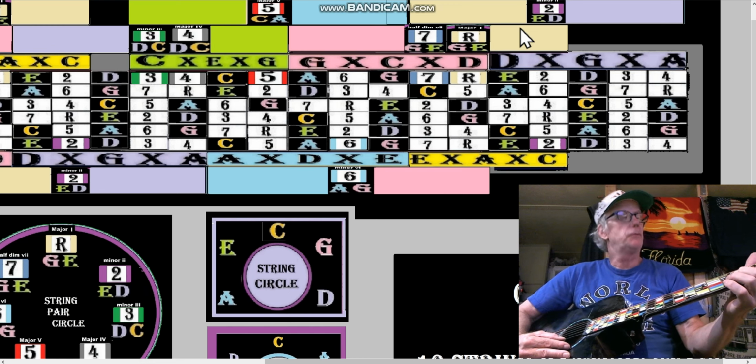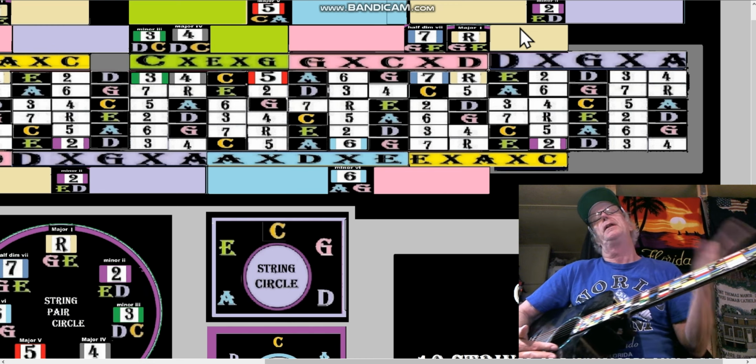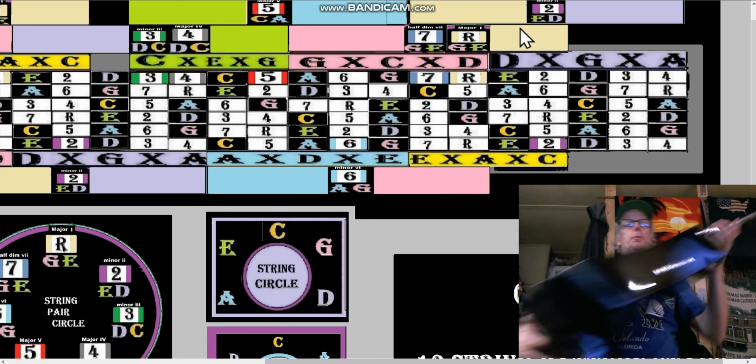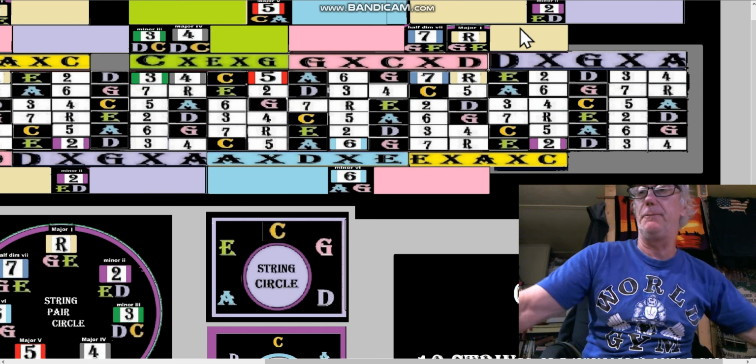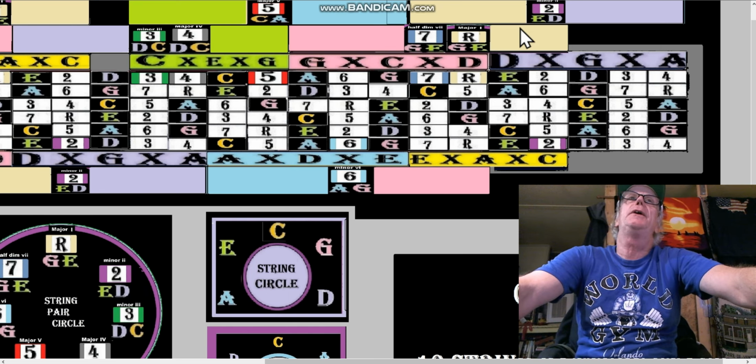Now, are we going to get to root or not? Yes, that's what I wanted, that open C at the end. Sorry about that. We'll just consider that a blooper.